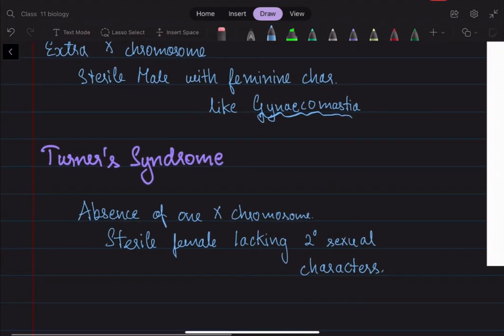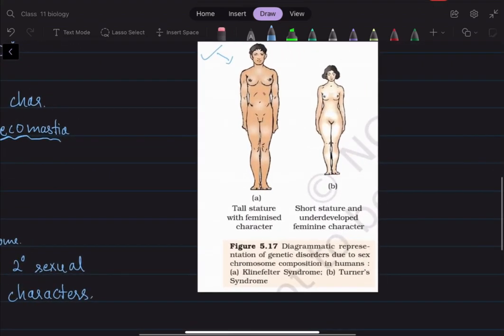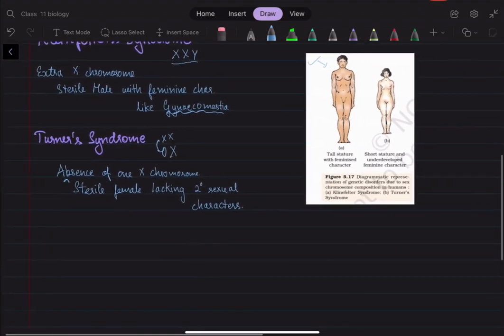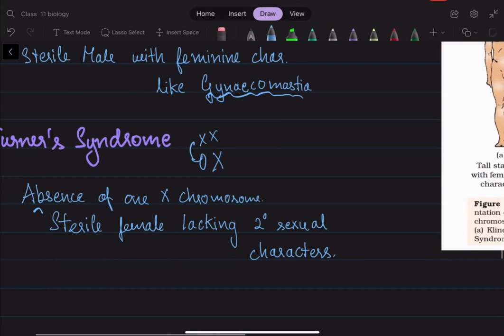Another syndrome is Turner syndrome. In this, it's the opposite. There is absence of one X chromosome. So there is only X and nothing here. Instead of XX, it's just X. In this case, we see a female who has underdeveloped secondary sexual characters.